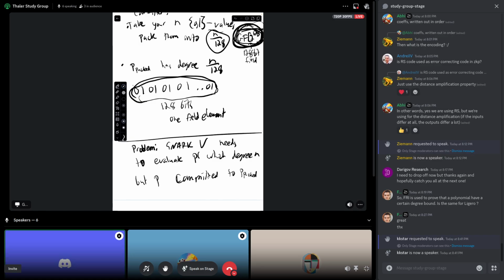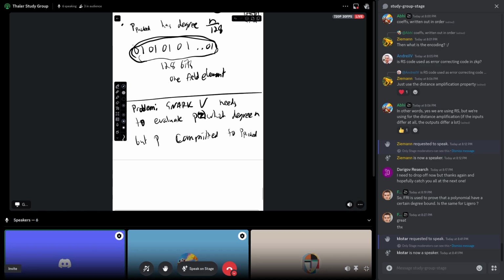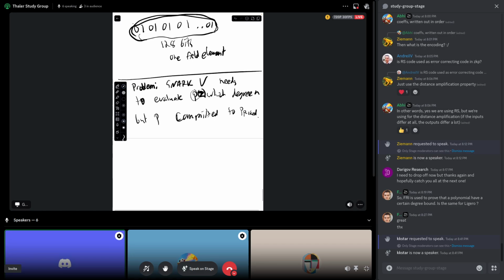So it needs to evaluate P of Z for some Z, but the prover didn't commit to P, it committed to P packed. Okay, so what we need is a way to relate P of Z, which is what the verifier wants, this is what V needs, to P packed at some other point.